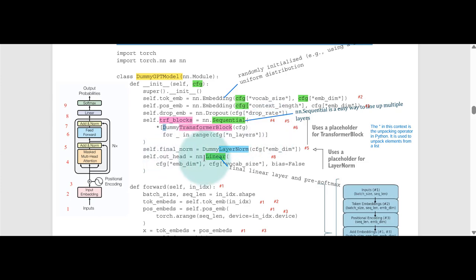And then we're going to have the final linear layer, which is pre-softmax. So that is this layer here, and that's just a linear layer. It takes the same embedding dimension, and the vocabulary size is here. And we're not using biases.